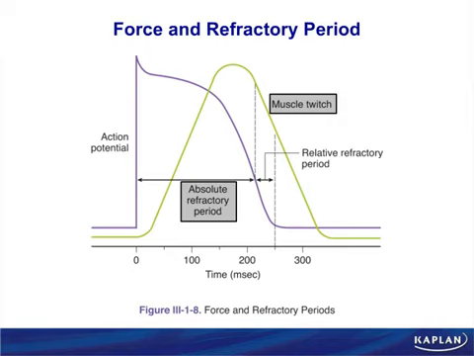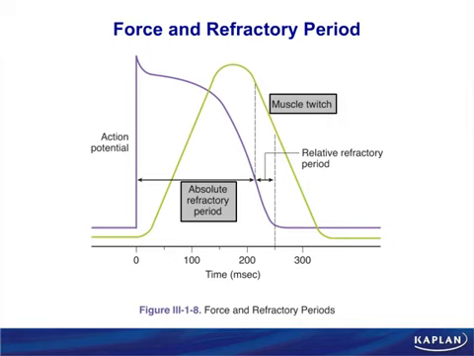And because of that, we could summate the force. Well, because of this very long plateau in a cardiac action potential, the muscle twitch is already starting to relax when the cardiac cell is still in absolute refractory. And as you recall, absolute refractory means you can't get another action potential. Because we're not getting multiple action potentials before the twitch, we can't summate.